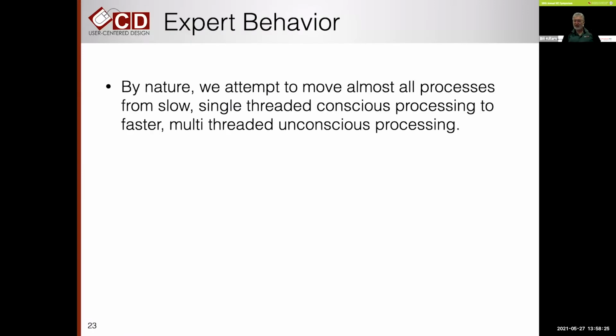And so what happens with our behavior is that as we learn to do things, it becomes an unconscious process and we stop being aware of it. And it's that reason that we can function in life, is that we see things, we learn things, they go into the unconscious, and then we can go focus on something else.